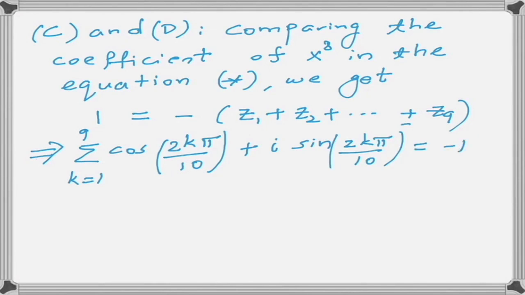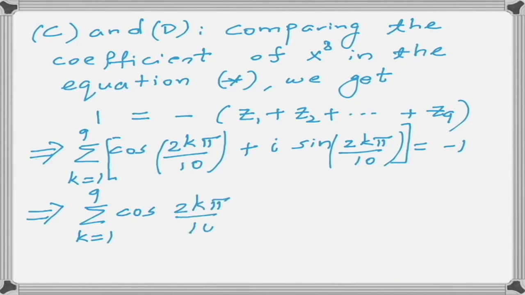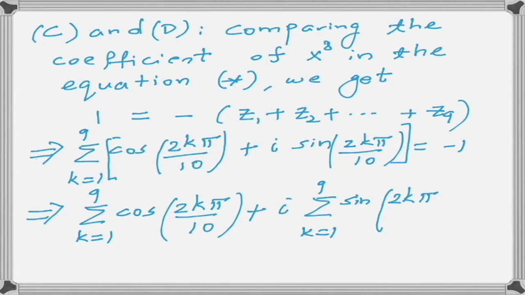The summation is over both the imaginary part and the real part. Separating the real and imaginary parts of this equation, we will get that summation k goes from 1 to 9 cos 2k pi by 10 plus i summation k goes from 1 to 9 sin 2k pi by 10 is equal to minus 1.